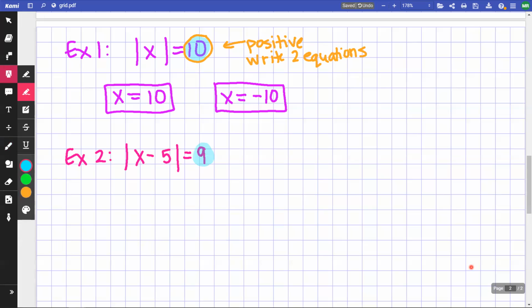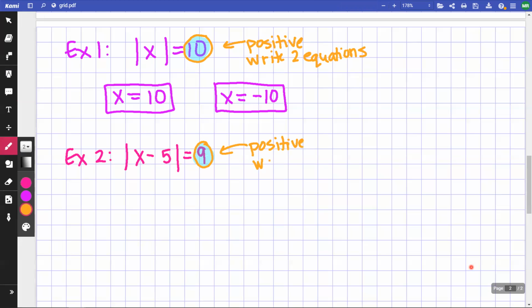I look at the number on the other side of the equal, and since this is a positive, we're going to write our two equations. So our two equations are going to be x minus 5 equals 9. Again, I just take what's inside the absolute value and set equal to 9. And then I take what's inside the absolute value, x minus 5, and set it equal to the opposite of 9, which is negative 9.